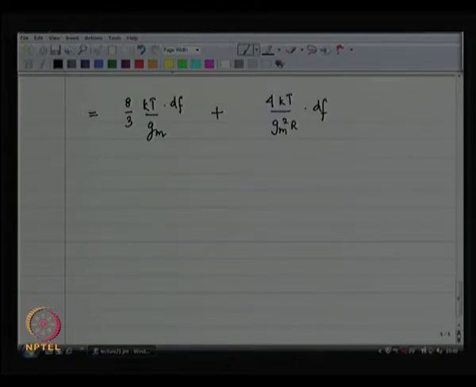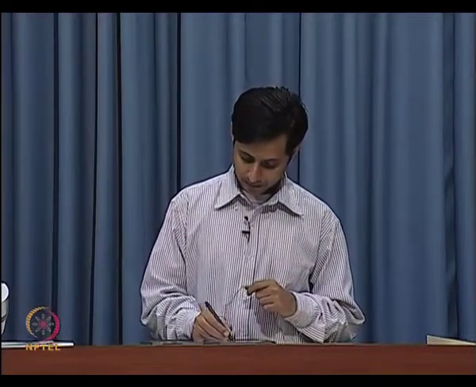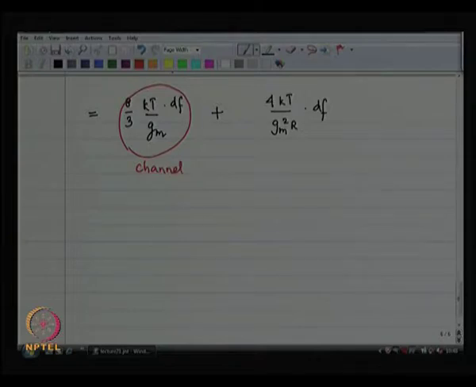Now, one of these is coming because of the channel, the other is coming because of the resistor. Which is coming because of the channel? And this is coming because of the resistor. Okay. So, what do you see over here? The channel noise current, mean squared noise current, was so much.